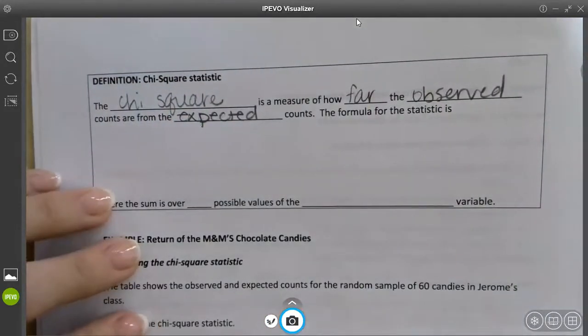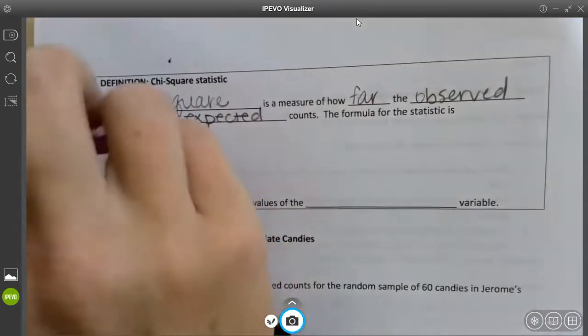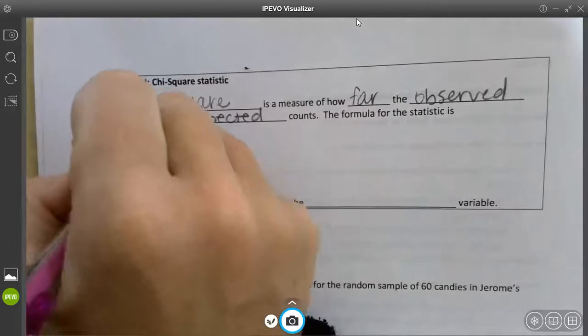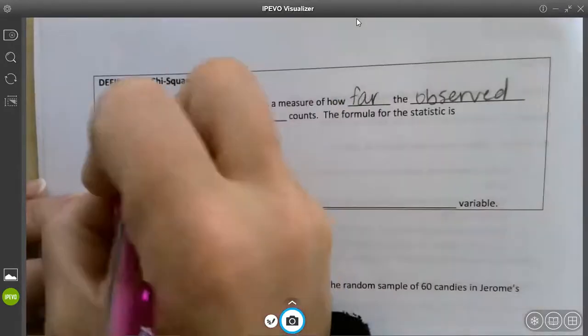The formula for this statistic is, it's like a curly X squared.